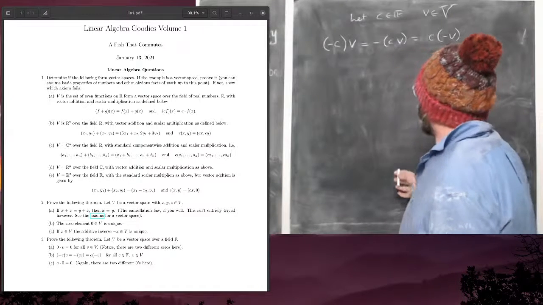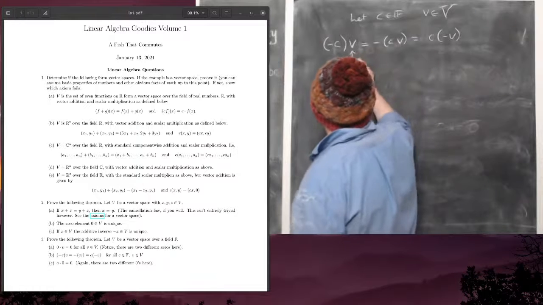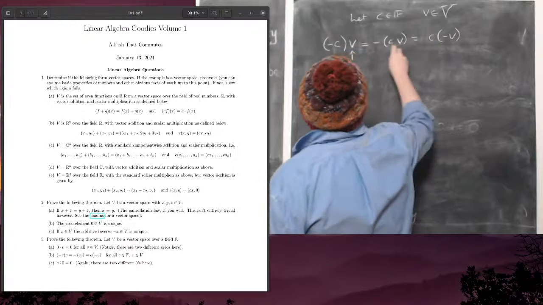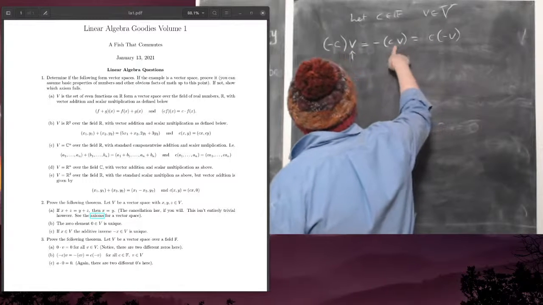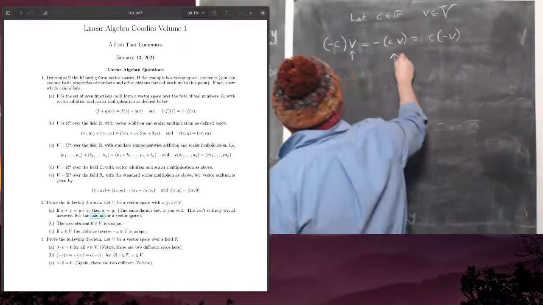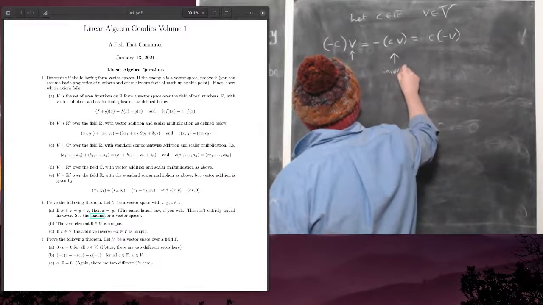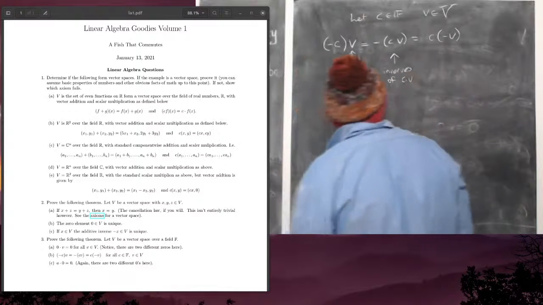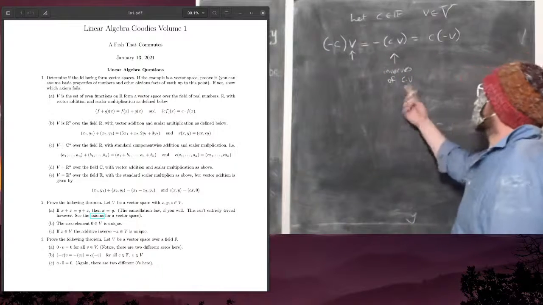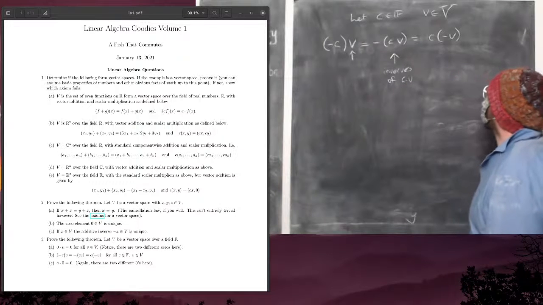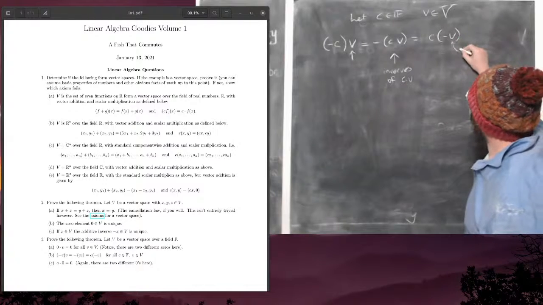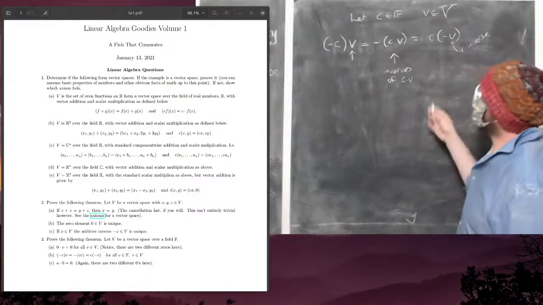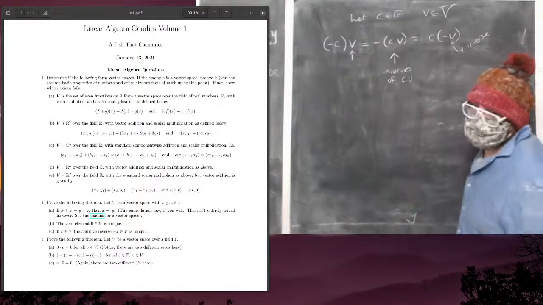Here V is just the plain old vector, and we're multiplying it by the scalar negative C. This is C times V. This is the inverse of C times V, precisely. And this is V inverse times C. We want to show that all of these are equal.